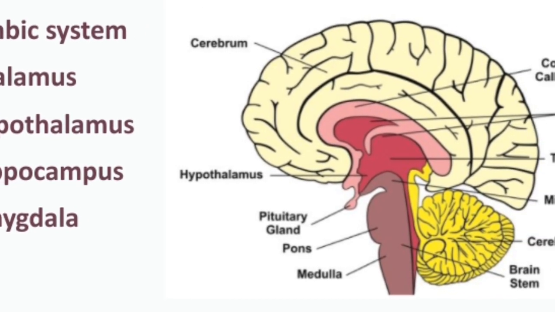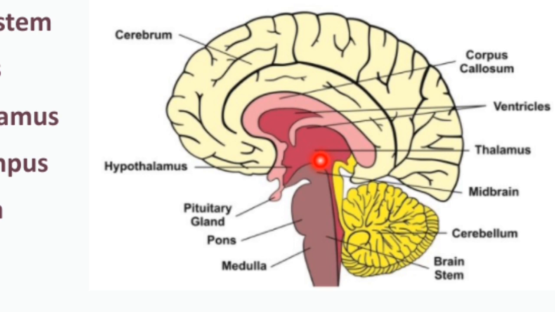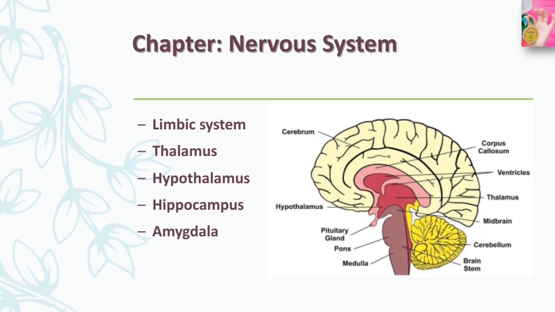So here you can see in the picture, here is the location of the thalamus, and then here you will find the location of hypothalamus, and in the upcoming pictures you will see what amygdala looks like and what basically hippocampus looks like and what are their functions.